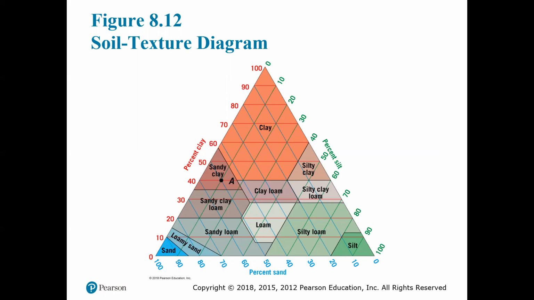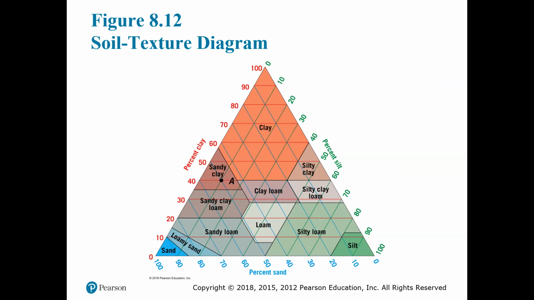So the U.S. Department of Agriculture has developed this soil texture diagram that shows the different types of soils that we can have based on the percent of the particle sizes that they have. So sand, silt, and clay. If we look over here at point A, we have this area that is sandy clay.